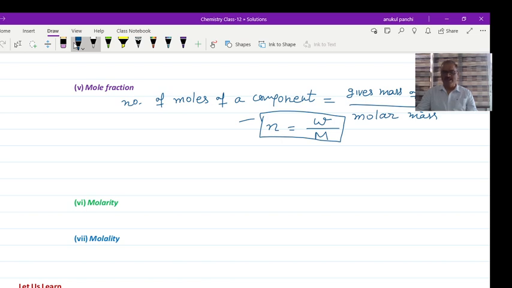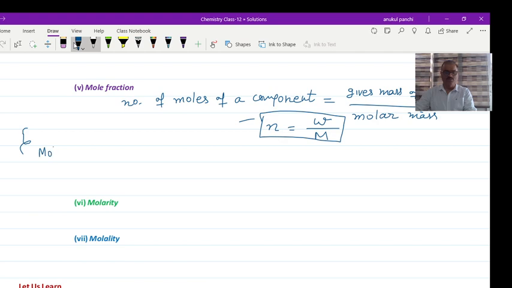And a solution has different substances, different components. All components have their masses in a solution. All components have their molecular mass also. So we can get their number of moles by dividing the given mass by the molecular mass. And from their number of moles, we can get their mole fractions.